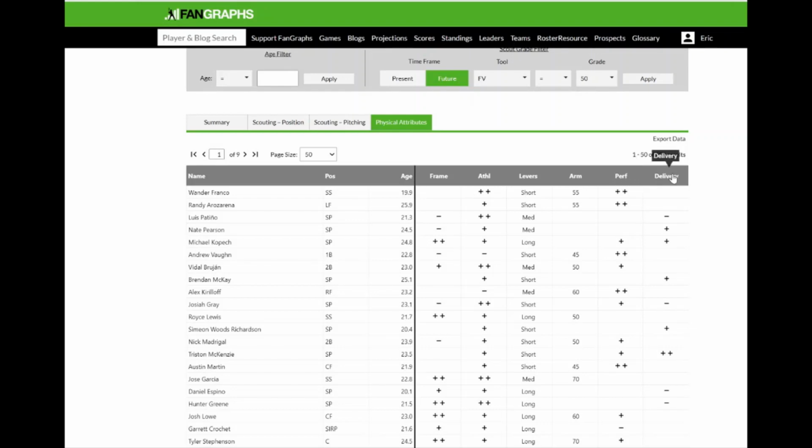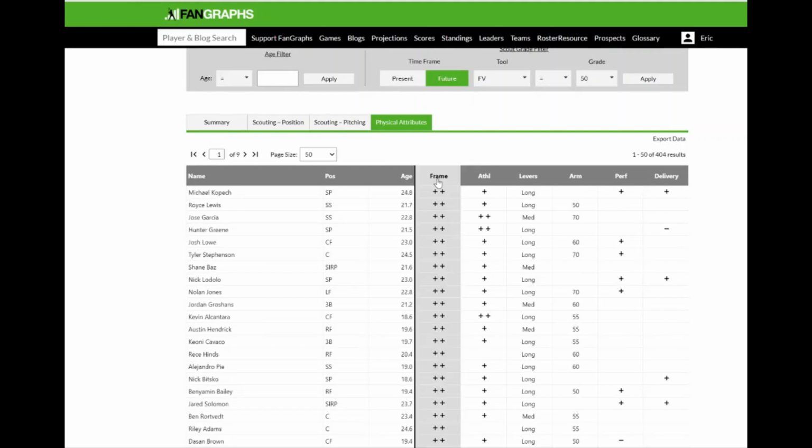And then delivery is just for pitchers, and it's about repeatability and the arm action and some of the violence or not. Again, you could argue there's some overlap here with athleticism, which I think is fine. But does this physical trait have a positive or negative impact on the player's prospectum?